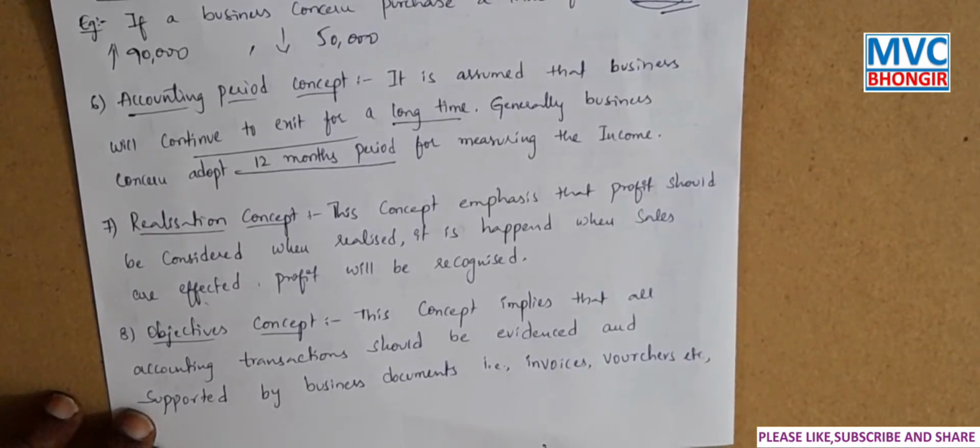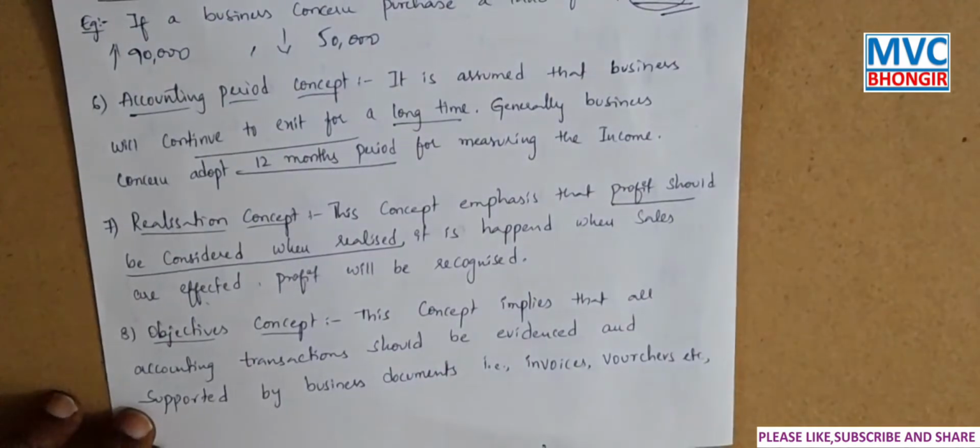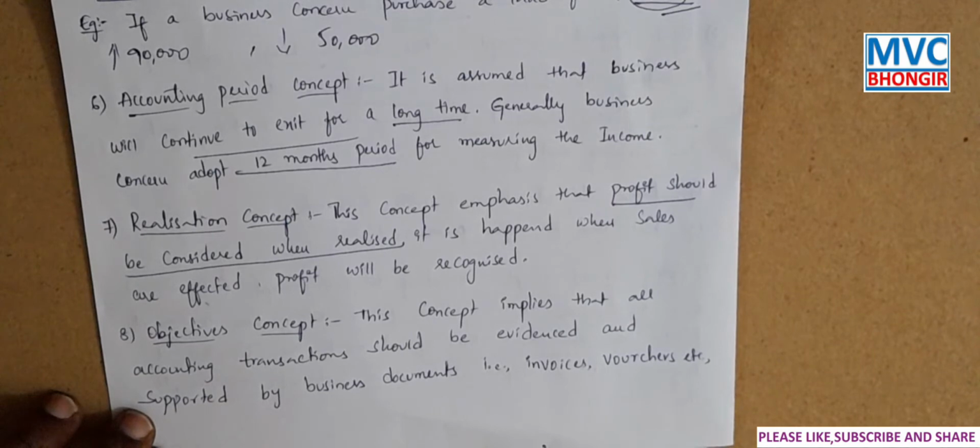So the next one is the realization concept. This concept emphasizes that profit should be considered when realized. It is not always easy to determine when the profit is realized. The question is at what stage profit should be deemed to have been acquired, whether at the time of receiving the order, or at the time of execution of the order, or at the time of receiving cash.